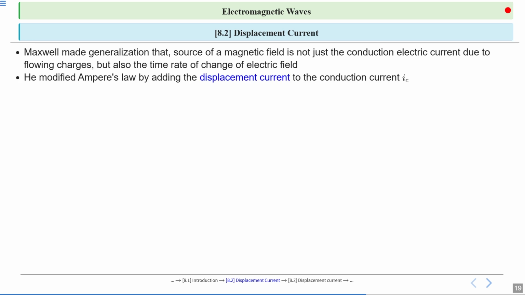So he generalized that a magnetic field cannot only be produced by conduction current, but can also be due to the time varying electric field.